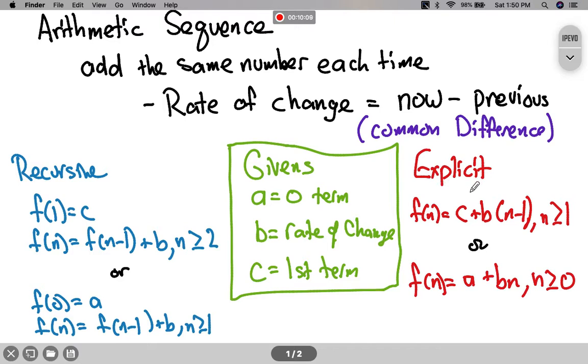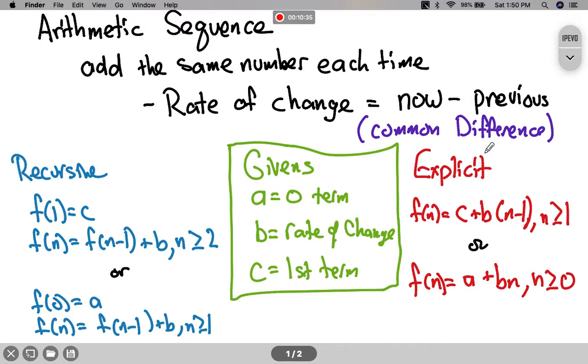But when we get to explicit, it does make a difference. With explicit, if I started with the first term, I'm going to use n minus 1 here. What number we started with plus the rate of change times n minus 1 if this was the first term, but only times n if it's a 0 term. So for explicit, it's really important whether you have the first term or the 0 term.